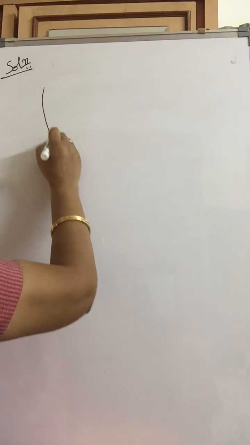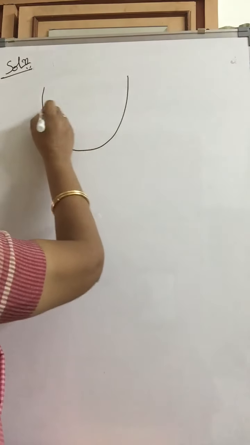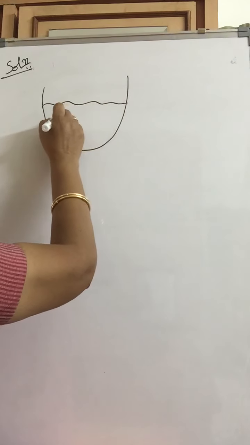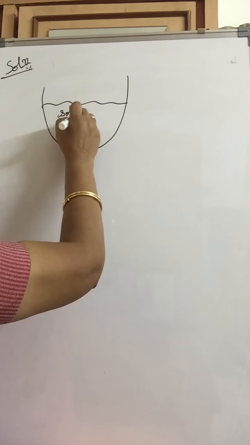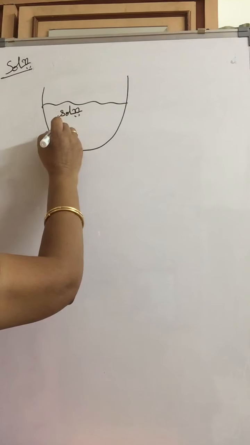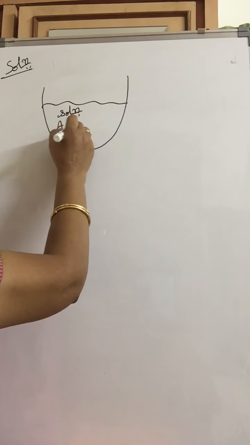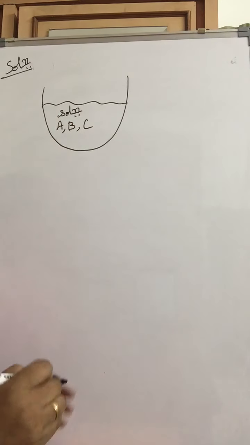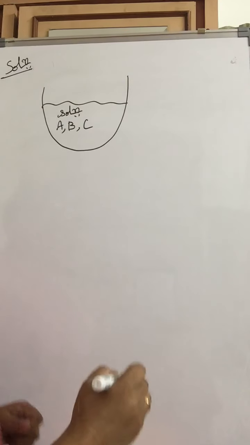First you just draw a diagram here. This is the given solution. This solution contains A, B, C. How many components are there in this solution? Three components.